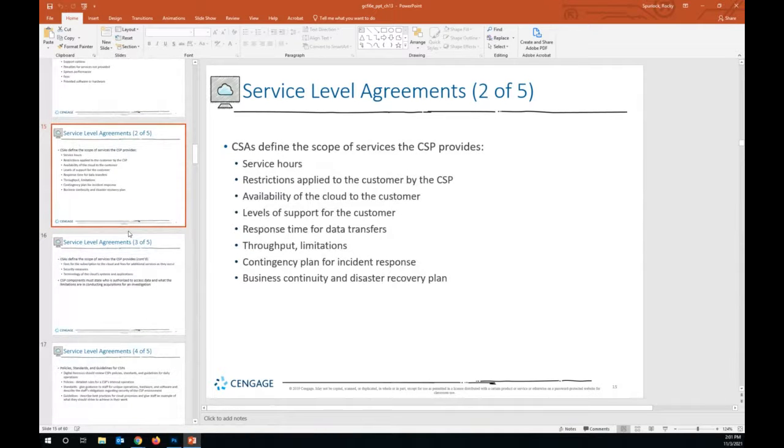Now, a CSA should define and detail the scope of its services and the responsibilities of the customer.